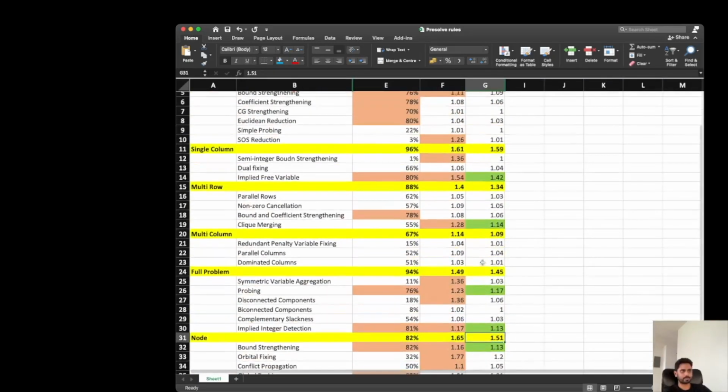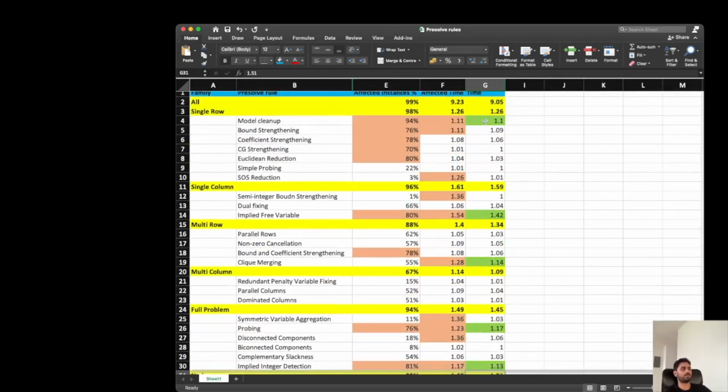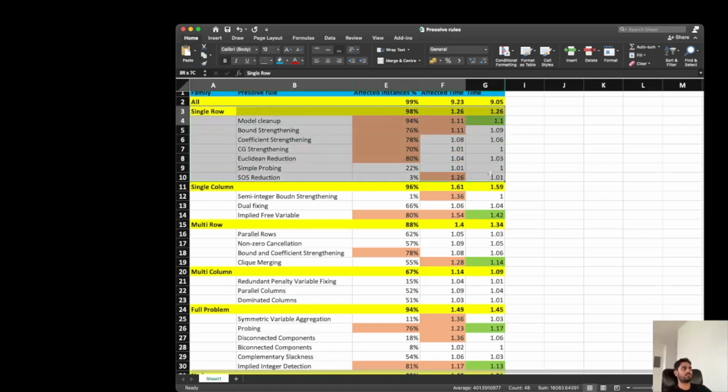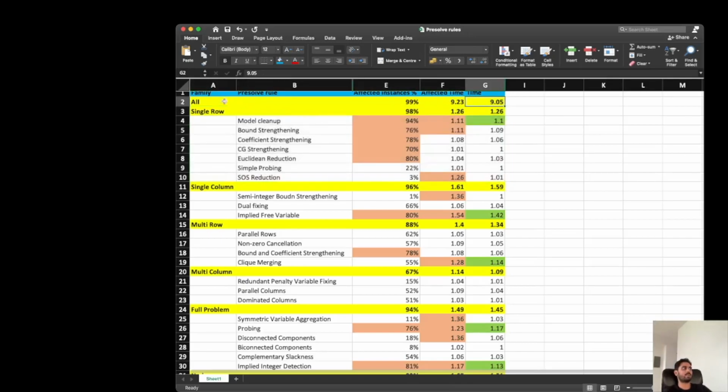So this is an important thing to notice: individual Presolve rules, or even a single family of Presolve rules, are not as effectful as the entire Presolve, all Presolve rules together, in the sense that it is far more important to have meaningful interactions between Presolve rules than an individual Presolve rule.